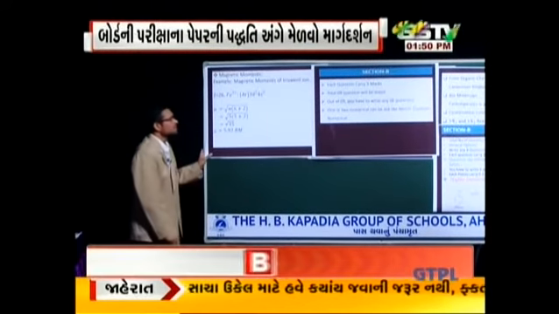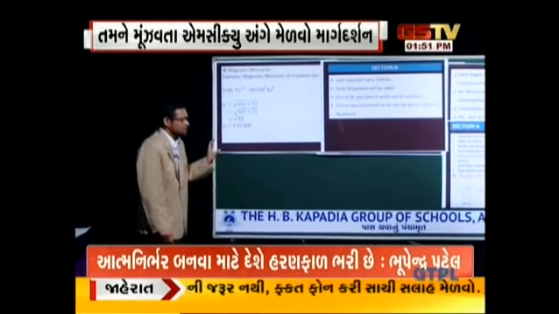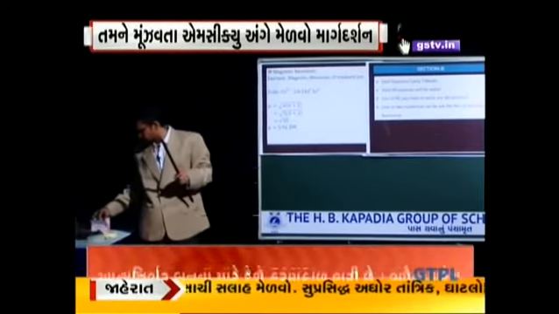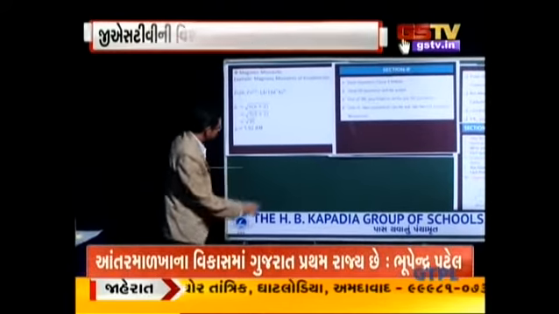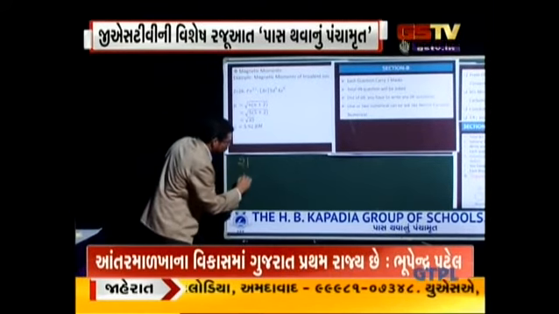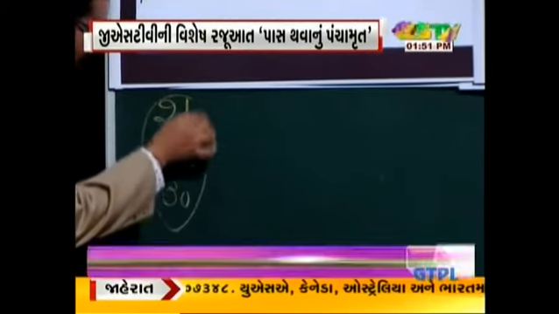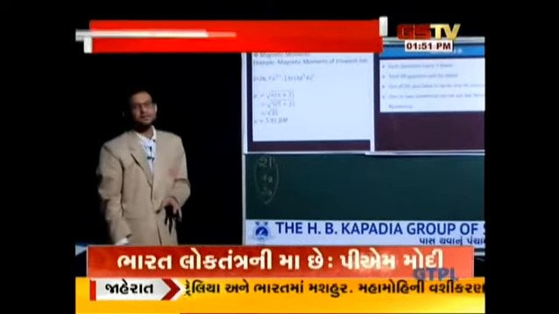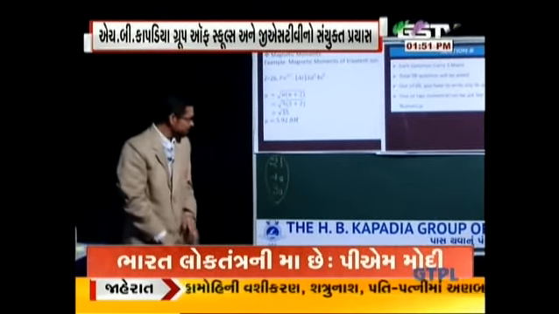Another point I want to teach you is the electronic configuration. You have to understand the electronic configuration of elements 21 to 30. These 10 elements are very important for the coordination compound chapter. Which are the 10 elements?